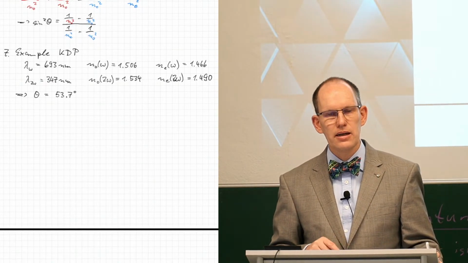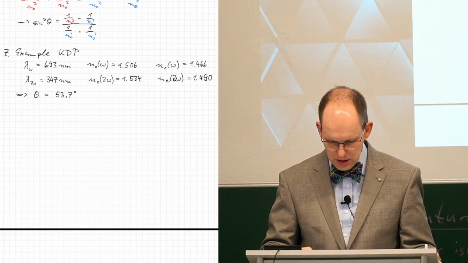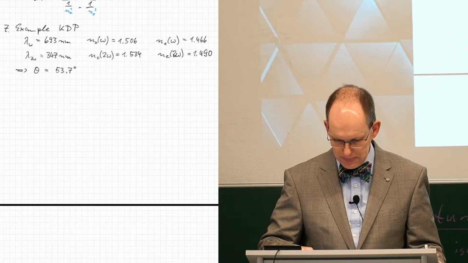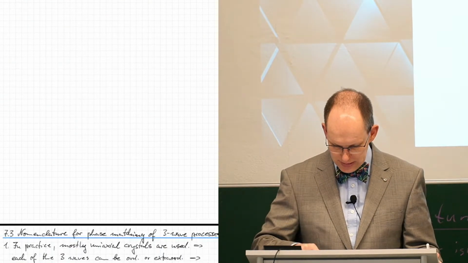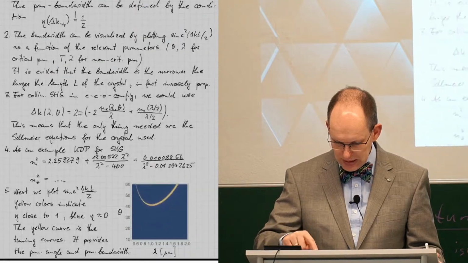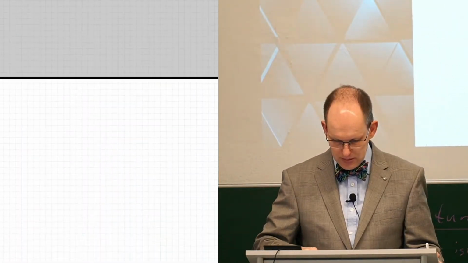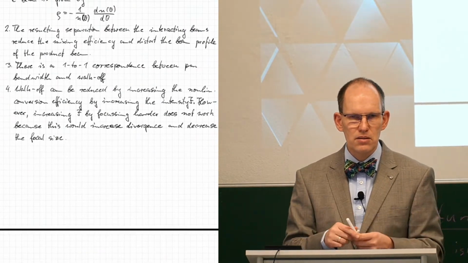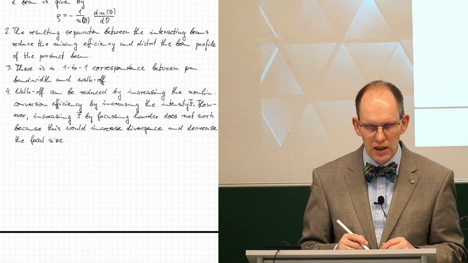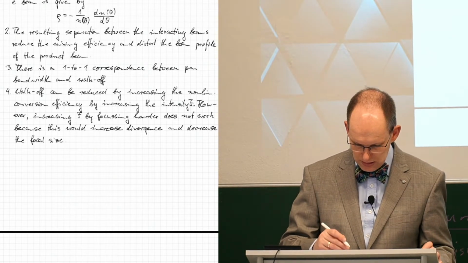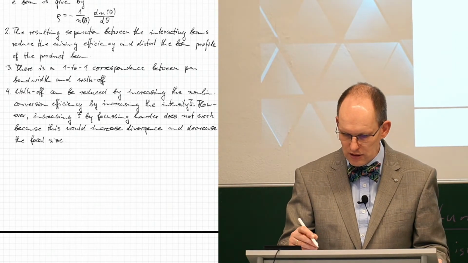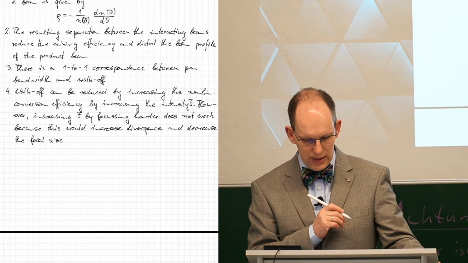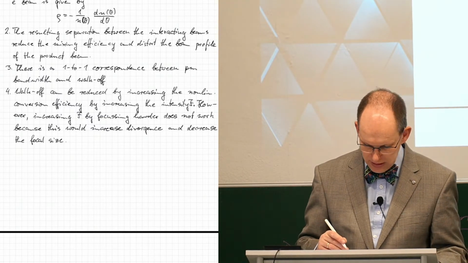I calculated the phase matching angle of 53.7 degrees, and using the Sellmeier equations I can calculate the derivative of the refractive index with respect to theta, and from this I can calculate rho.